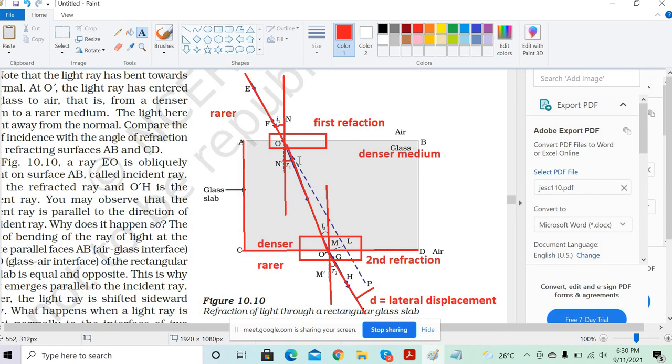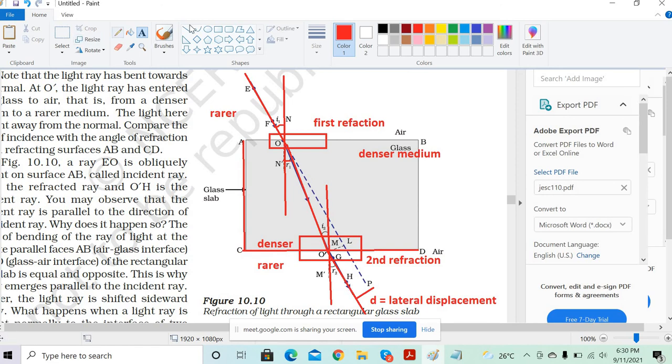This part is pretty straightforward, but remember that the principle remains the same. This principle will always remain. Whatever you see here, this angle R1 and I2 will both be the same, and this angle of incidence I1 and this R2 will also be the same. This is also called the emergent ray.